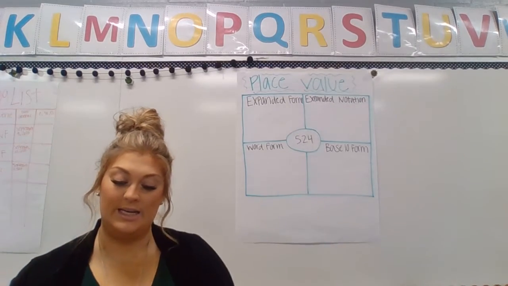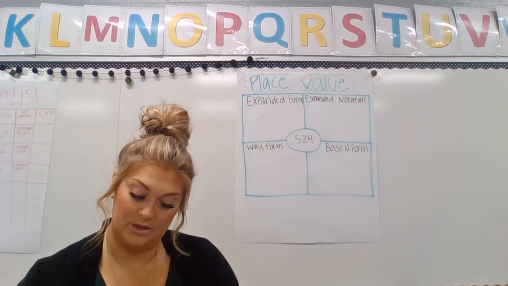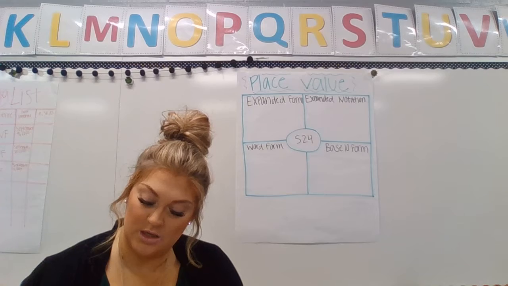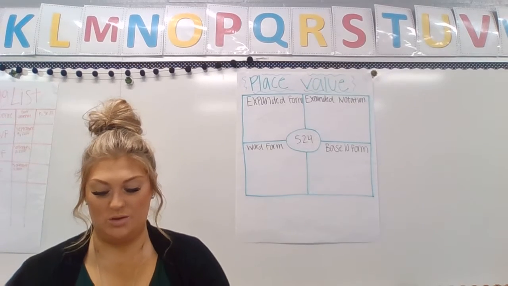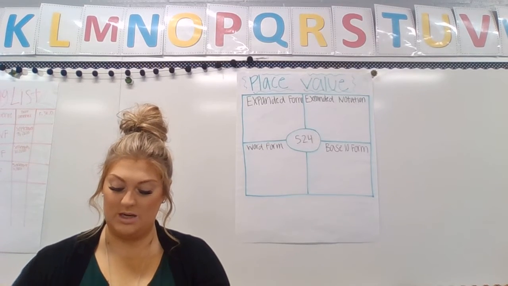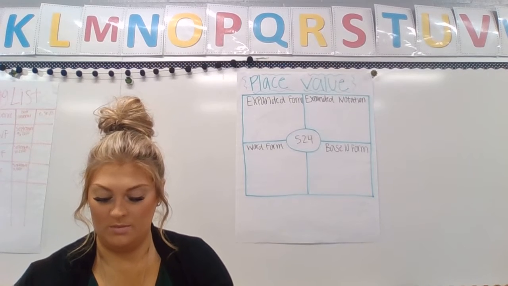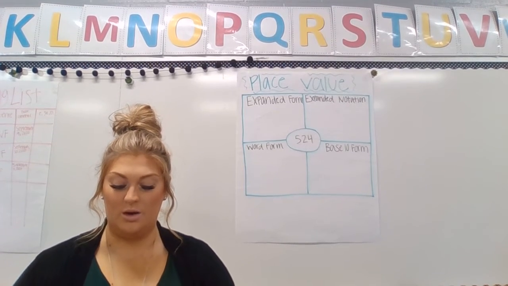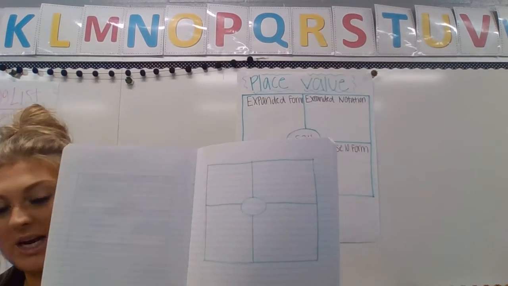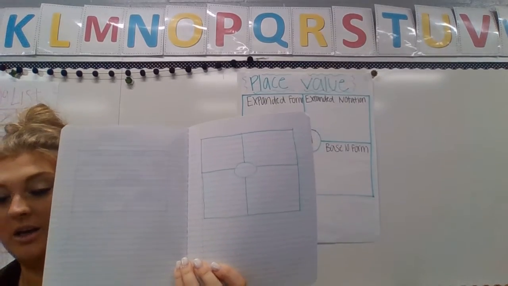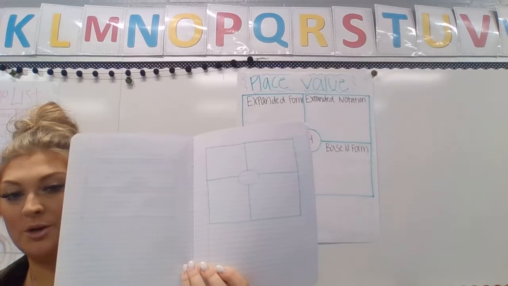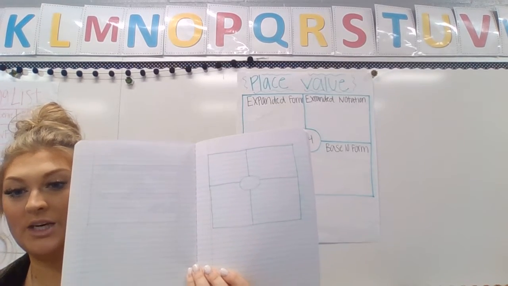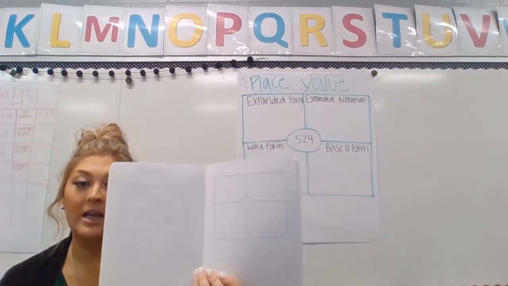And then we're going to connect them all, so we're going to make a really big square, rectangle, one of those. So now you should have something like this on your page. If you don't have that, then pause the video and finish drawing it, okay?